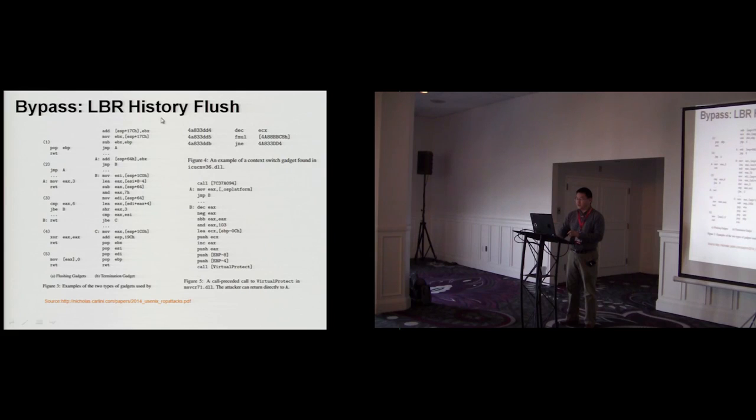Here he lists a couple of different gadgets, for example a bunch of jumps and returns. So you can flush the LBR with this logic after you did the real stuff. That means you did some critical part, then you use lots of gadgets to flush the LBR, because we only keep a limited number of records.